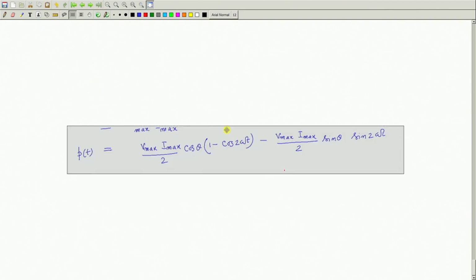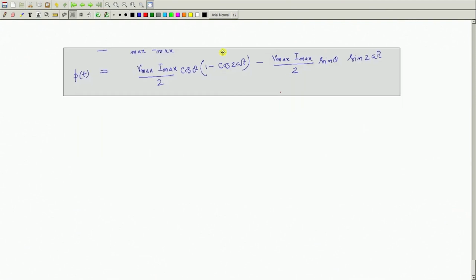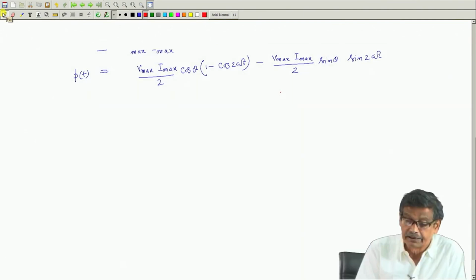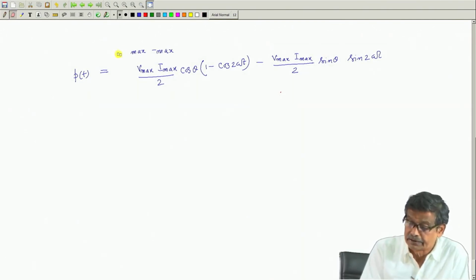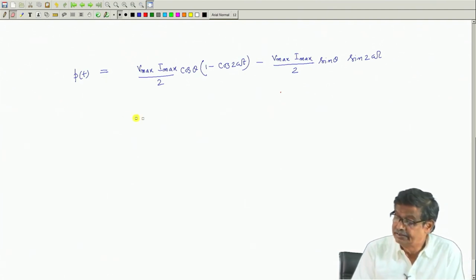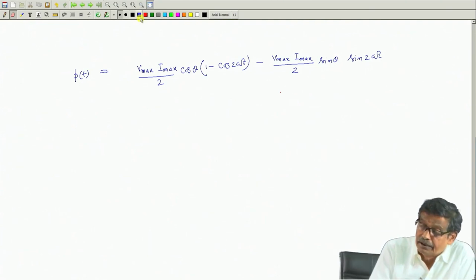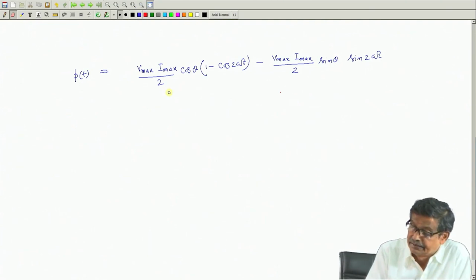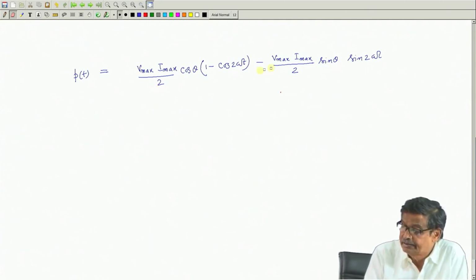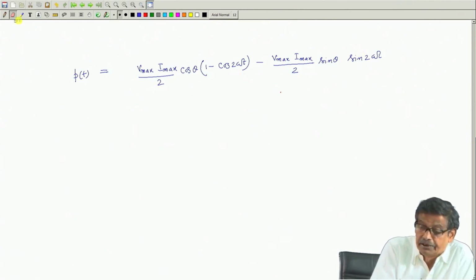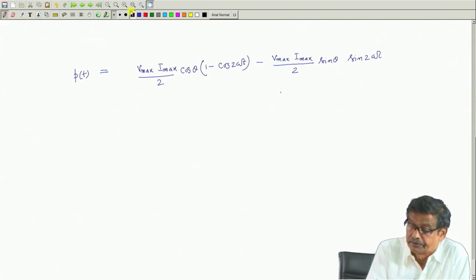So, this is the thing we have written there and I will erase this quantity. So, this is the instantaneous expression of the power. Now, this one I would like to sketch, this term I will sketch, then this term, and it will be easily understood what I am trying to say.